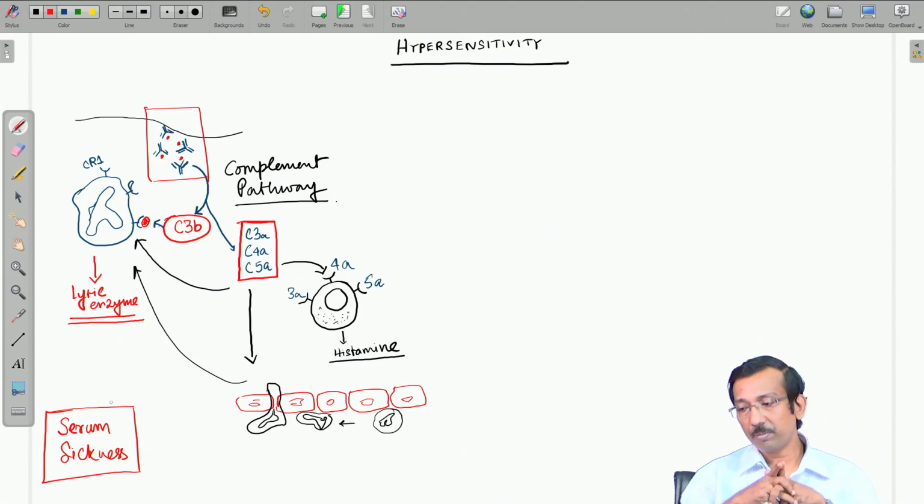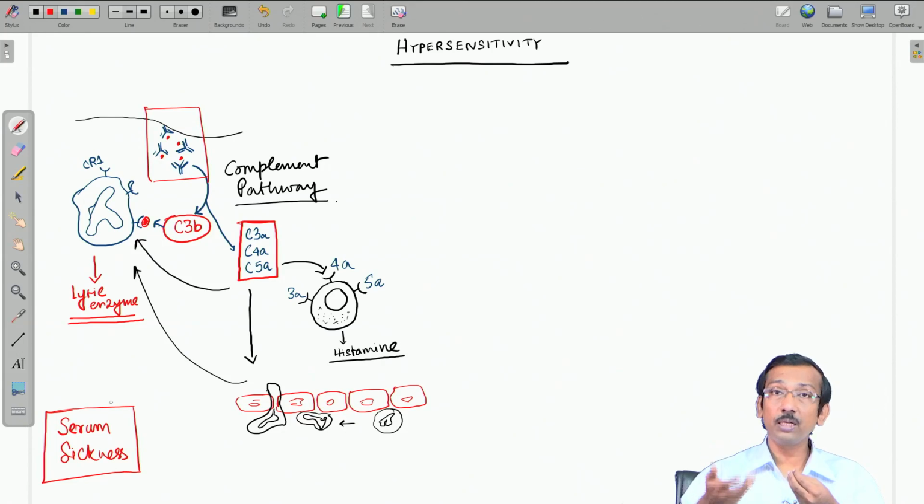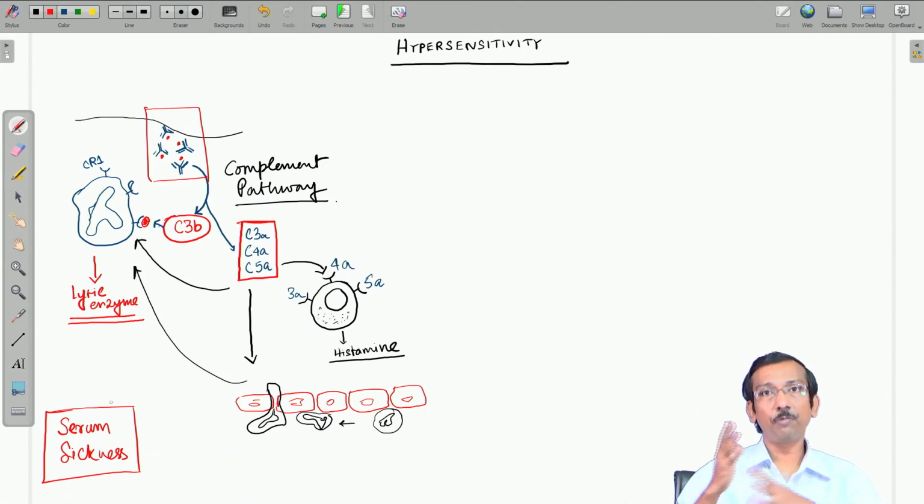Some people who are very sensitive to certain allergens, for example with an insect bite, can immediately develop a type 1 hypersensitivity reaction, but you can also develop a type 3 hypersensitivity reaction after a few hours, so not immediately.